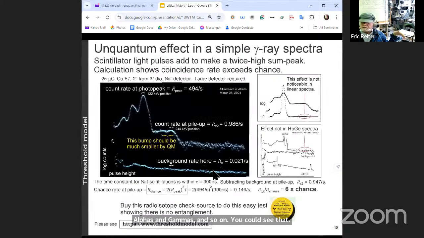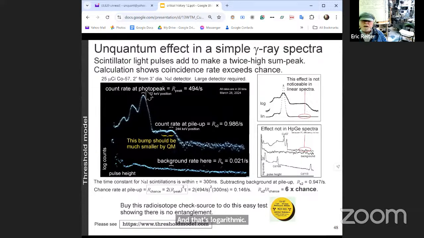And then this is the easy way to do the experiment, the unquantum effect, with one detector, and look at the pulse height spectrum of cobalt-57 with a 3-inch detector of sodium iodide, and look at it in the logarithmic scale, and examine the sum peak, which will happen if there's two of these, a much larger pulse here. I drew it linear in the linear scale. This is linear and that's logarithmic.